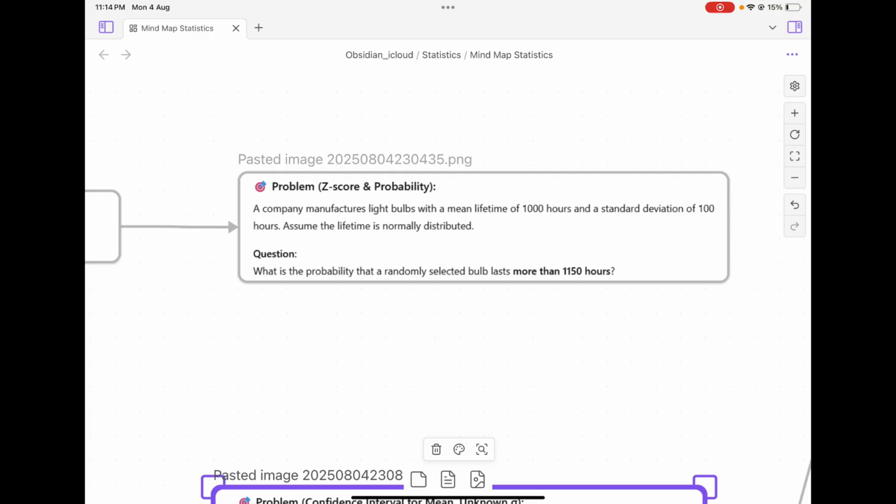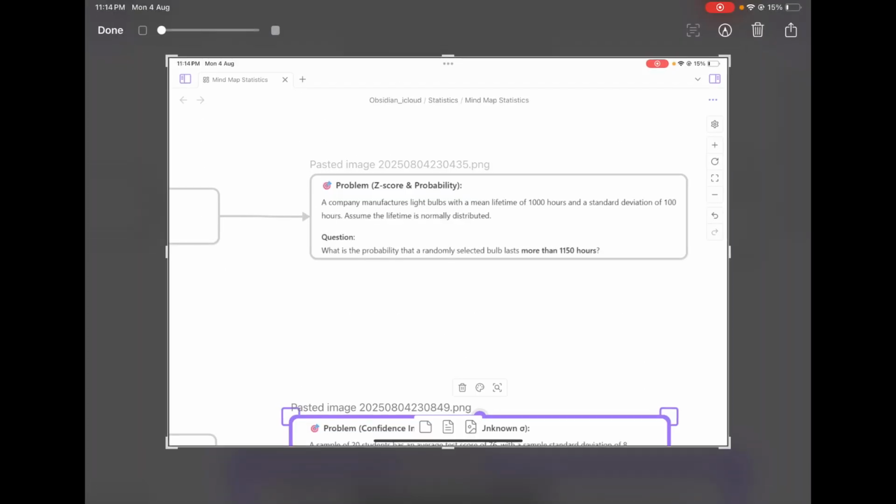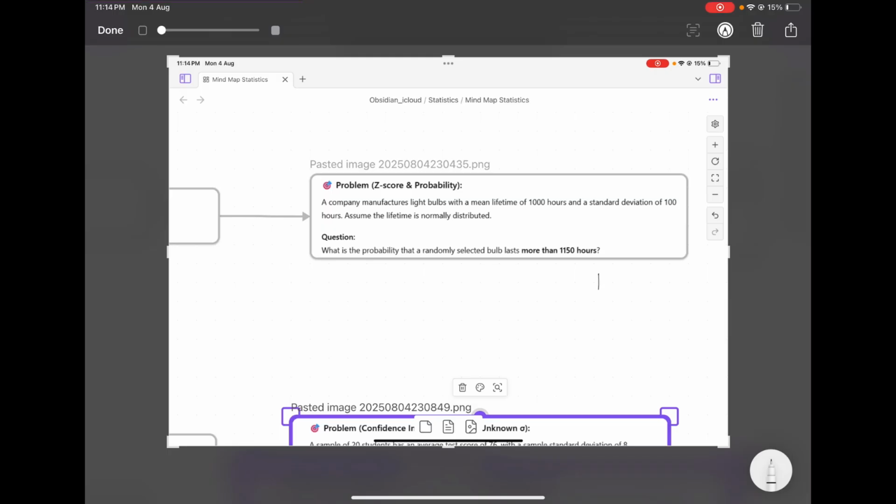What is the probability that a randomly selected bulb lasts more than 1150 hours? Okay, so let us see. Here, the lifetime of the light bulbs is normally distributed, so it will be like this with a mean of 1000 hours, and it has a standard deviation of 100 hours.